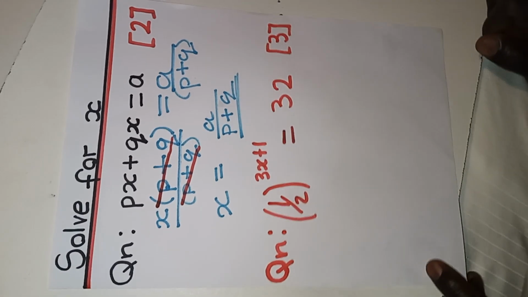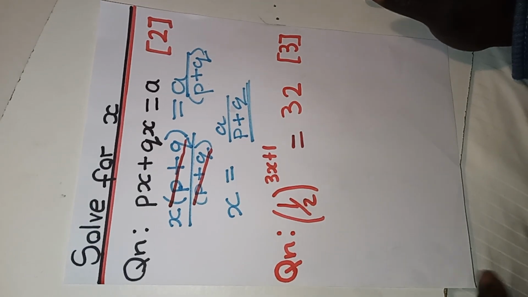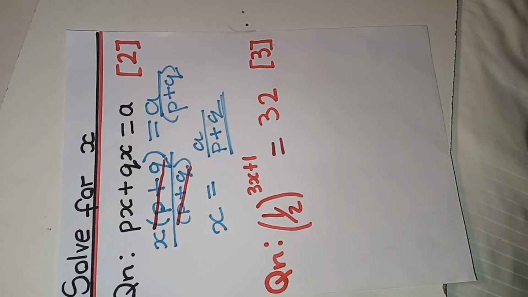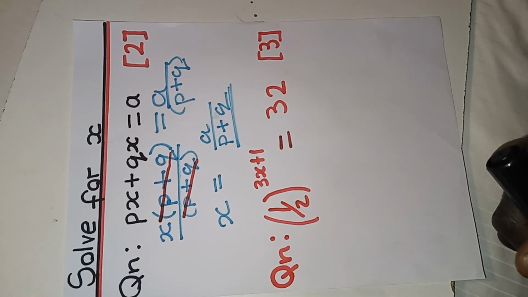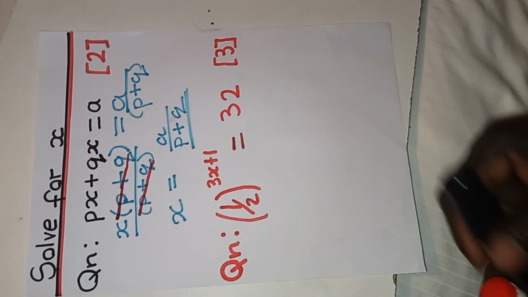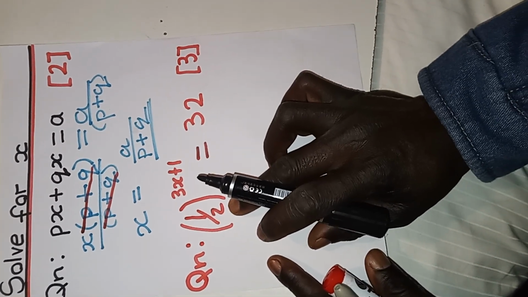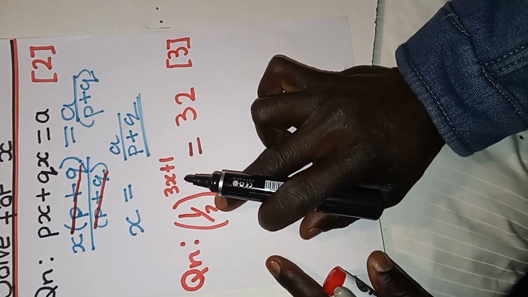Now, going on to the next question, the one below. It is also asking us to solve for x. In this case, we're going to find the value of x because it's only x and numbers. If you check closely, you can see we have 32 on the other side and we have a half here.